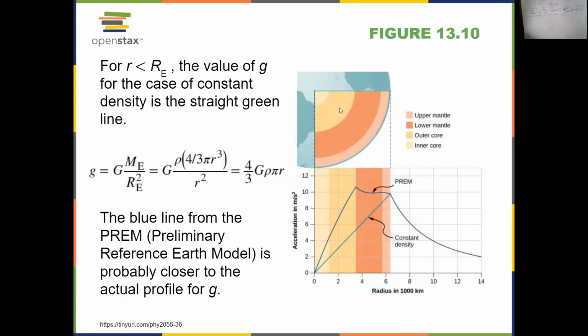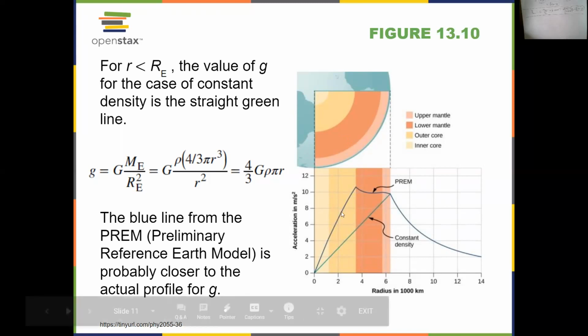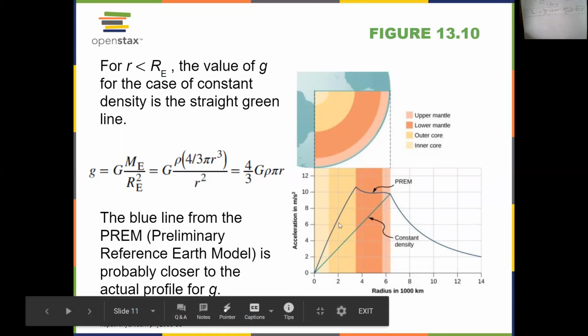So the gravitational force does not change linearly as you go inside the Earth. g will vary, it's not linear. This is a more realistic variation of the gravitational force inside the Earth.